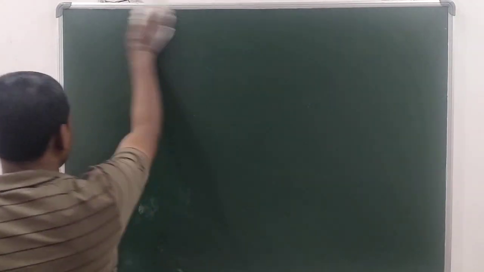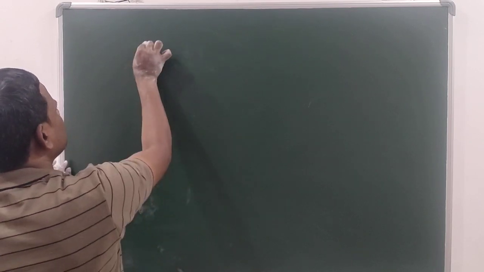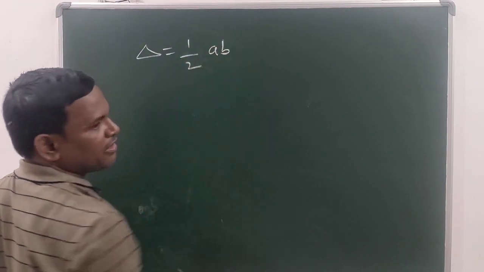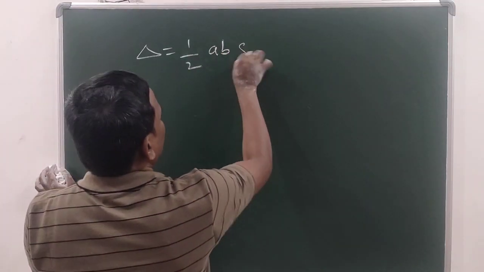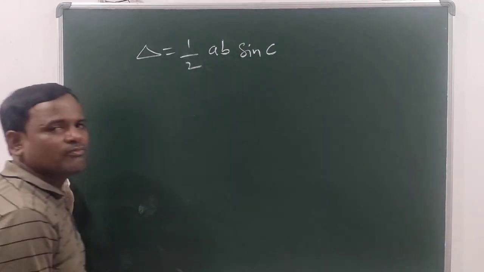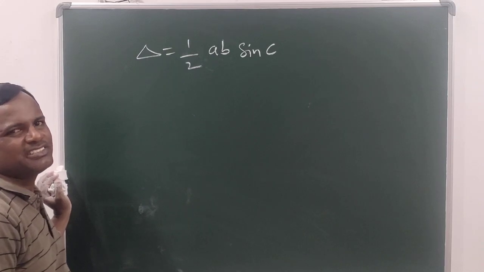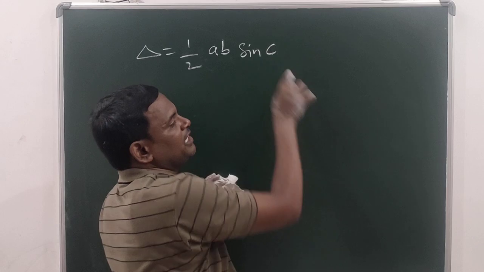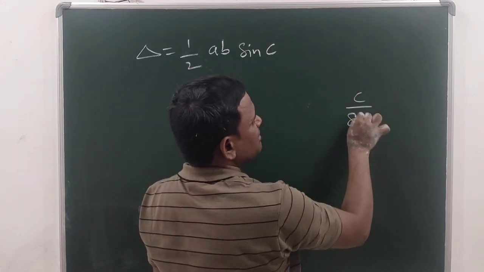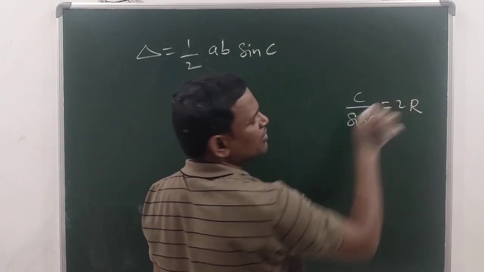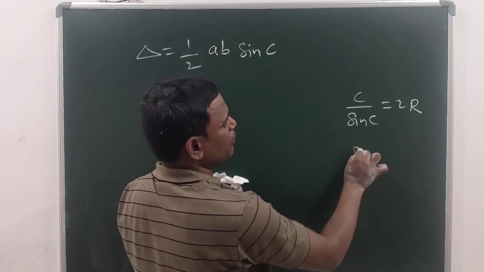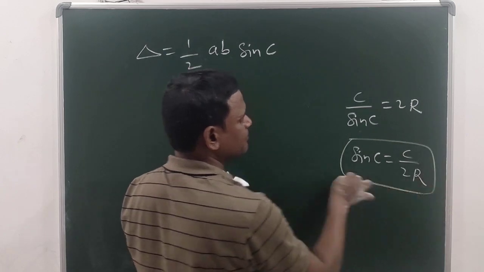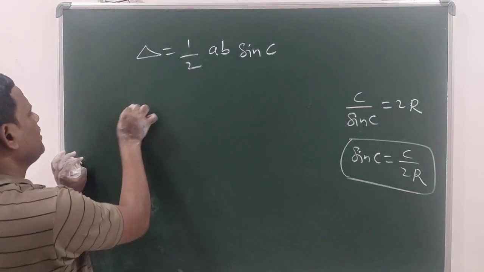See, take any one of the previous three formulas, like delta equal to 1 by 2 ab, for a and b the included angle is C, no? 1 by 2 ab sine C. Here, for sine C, take the sine rule: c by sine C equals 2r. Now make sine C the subject. If you make sine C the subject, you will get c by 2r. Now come here.